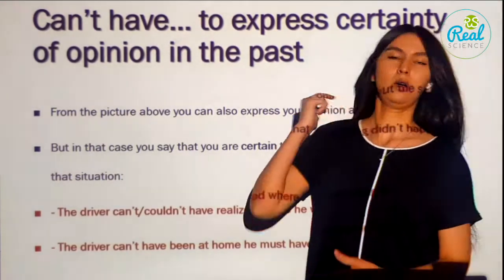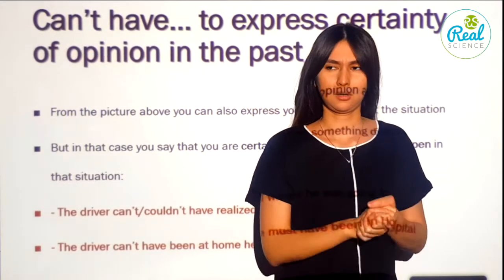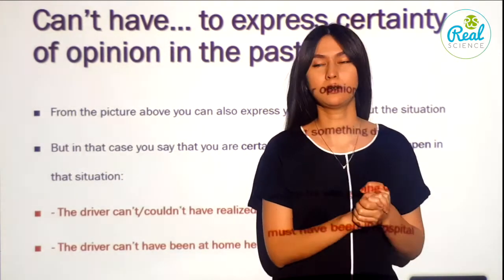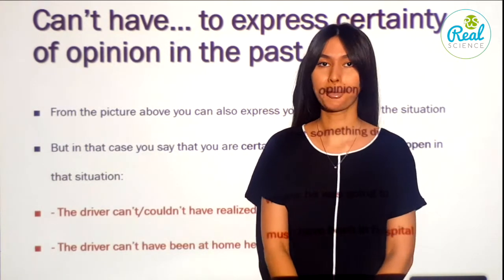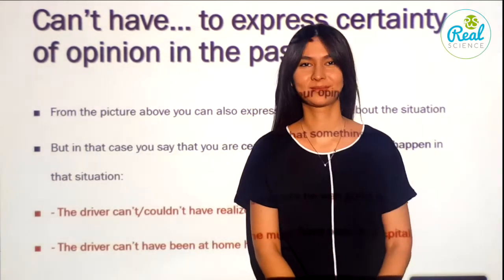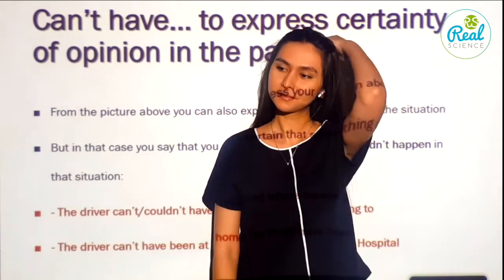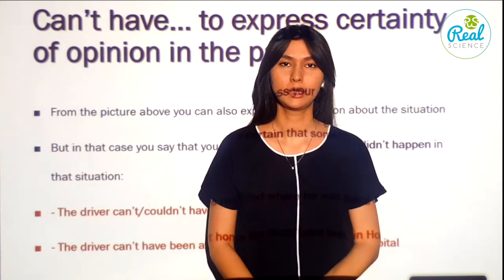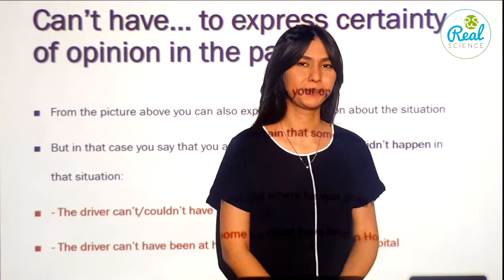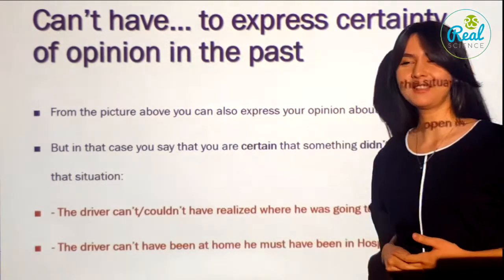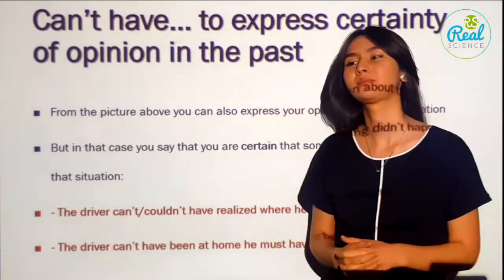То есть он не должен быть в доме, да, он должен находиться в госпитале. Okay? Miss Malika. Yes. We can use couldn't too, yes? Yes, couldn't also is like possible one. But mostly they use can't. Okay. Any questions regarding this one?